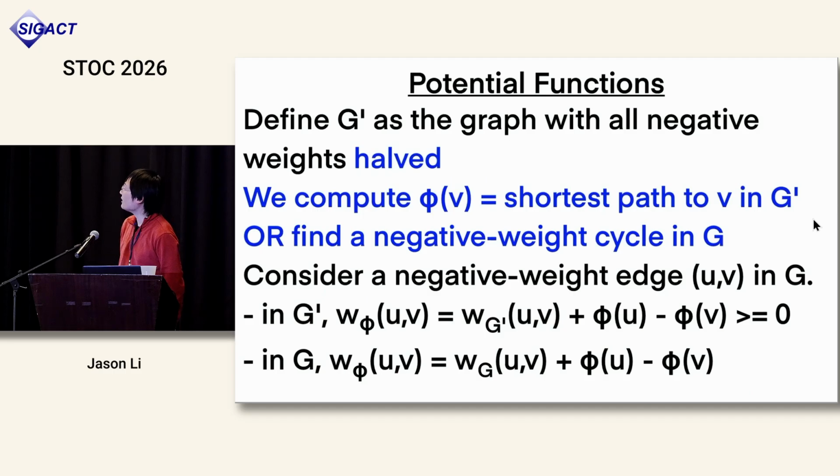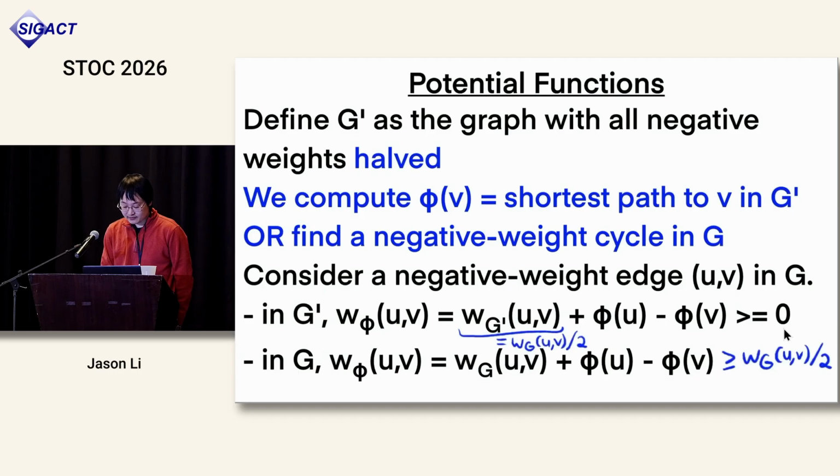Okay. But nevertheless, even though it's strictly easier, it's still sufficient to solve this problem because you can just iterate this log n times. Let's see why. Suppose, of course, if you find a negative cycle, you're just done, so you can just terminate. Otherwise, you find the shortest path in this newly weighted graph. Now, what happens if you reweight under this potential? Consider an edge. In the newly weighted graph, it was non-negative because we solved shortest paths.